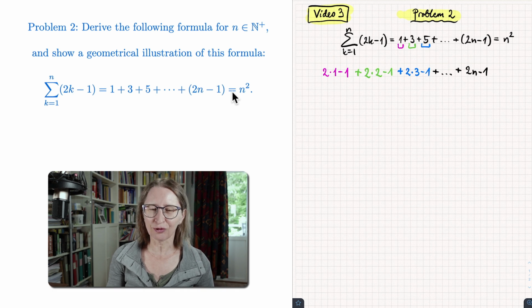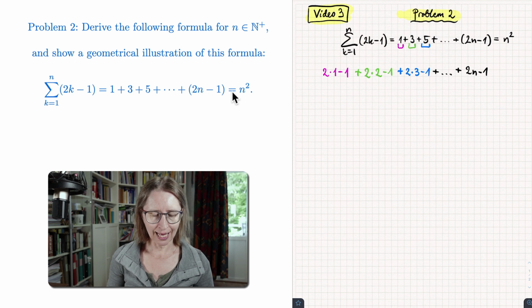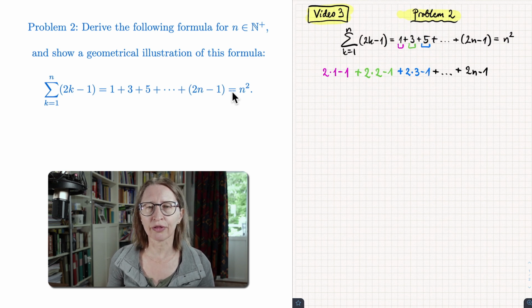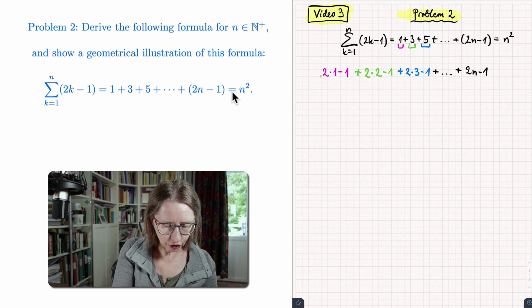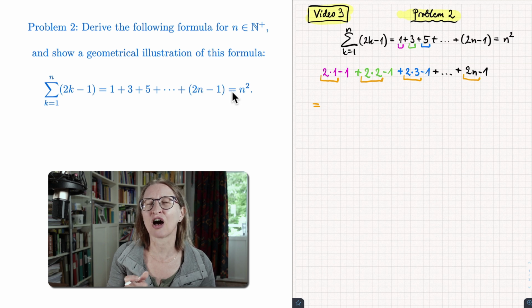So what I can do now, I will take a color which I didn't have yet. It can be orange. And I will put together all the terms which are twice some number. You see? And I can factor out this common factor 2, which is present in all these terms.